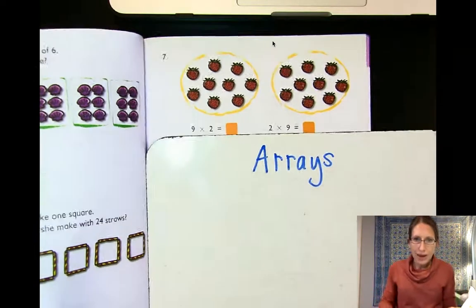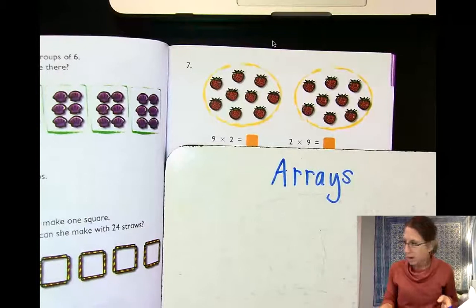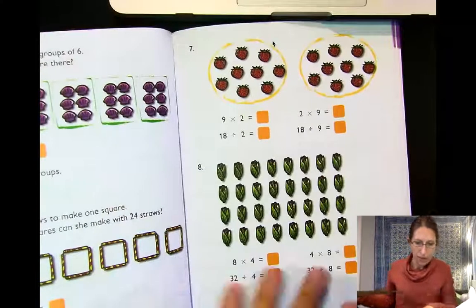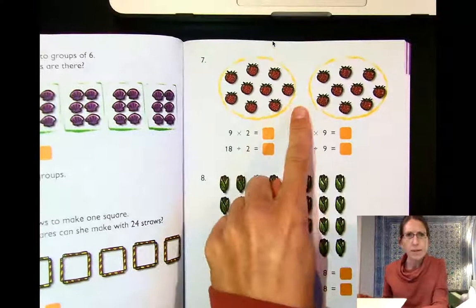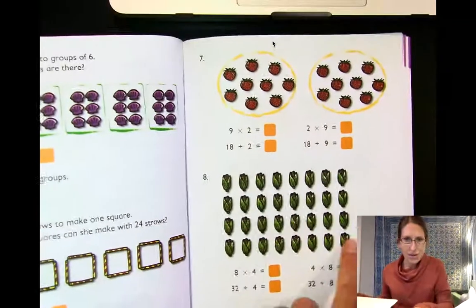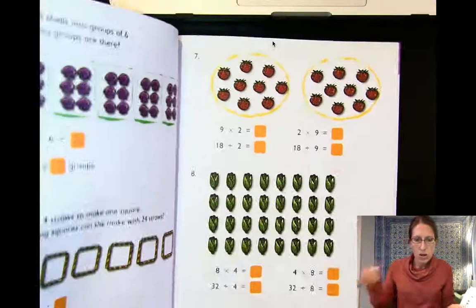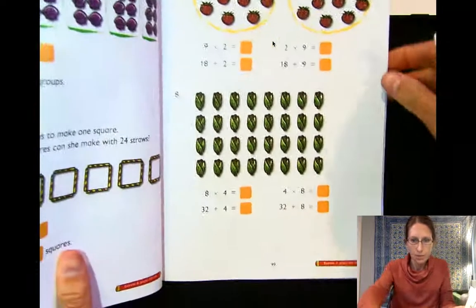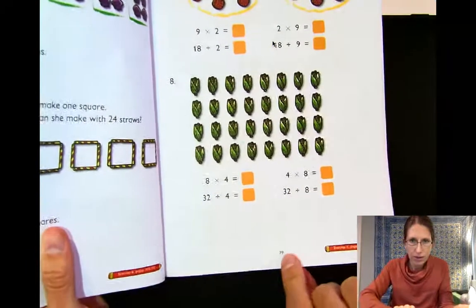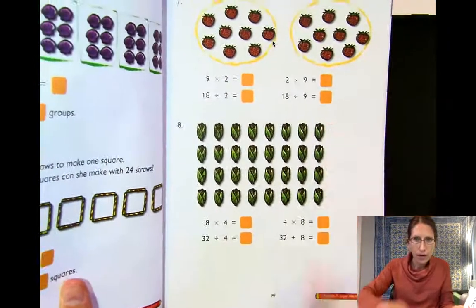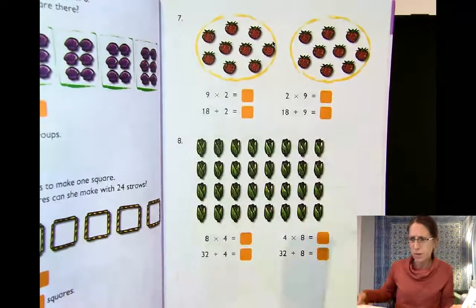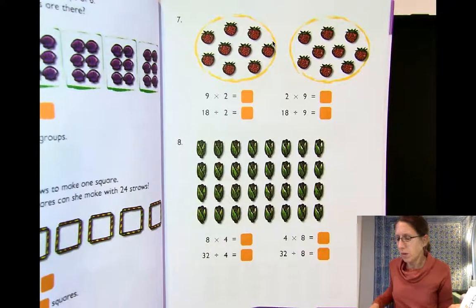Arrays are when we line things up. Oh, actually, I was looking up here. Wait a second, this is not an array. Here's an array. So this is not an array, but for number 7, I'm on page 99 here, this is an array. Do you remember? What is an array? Think back.